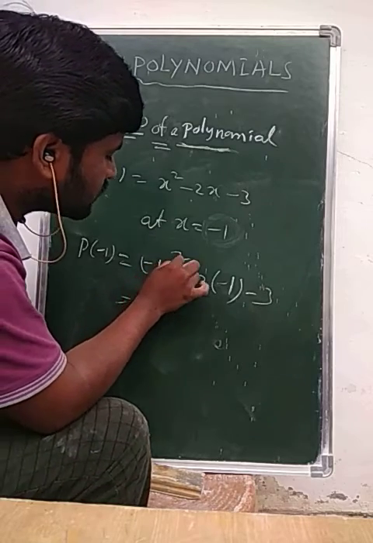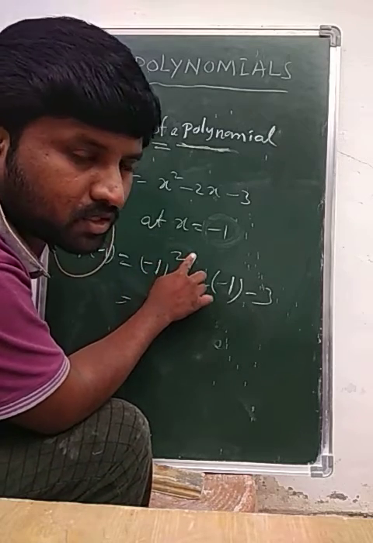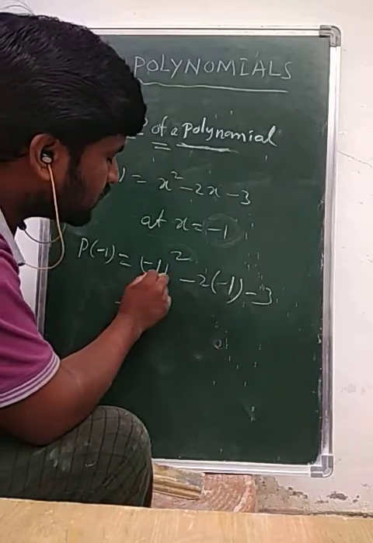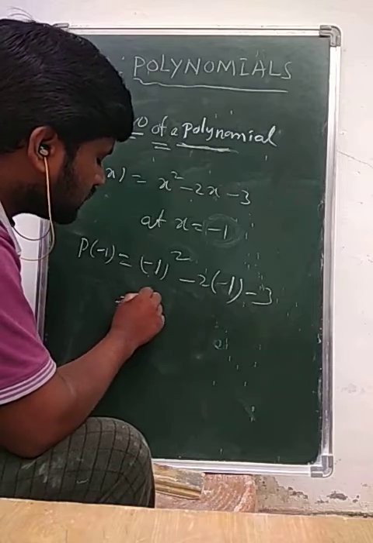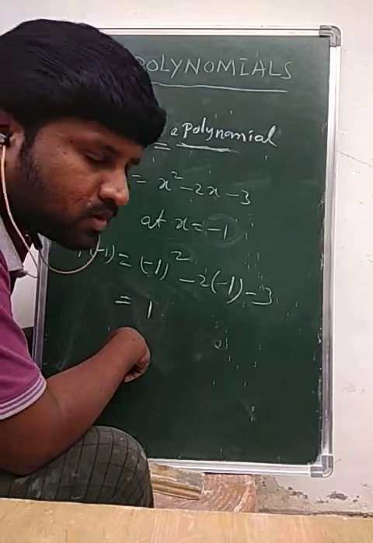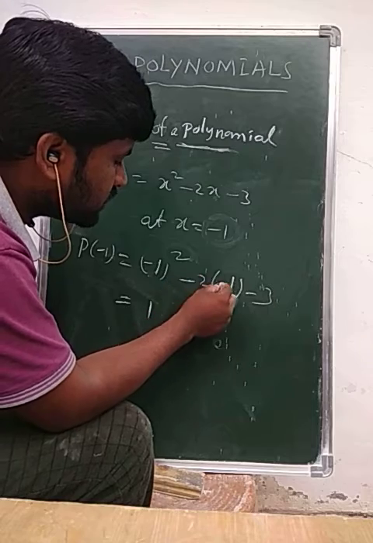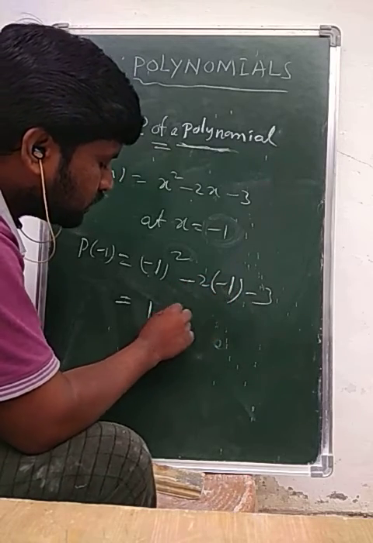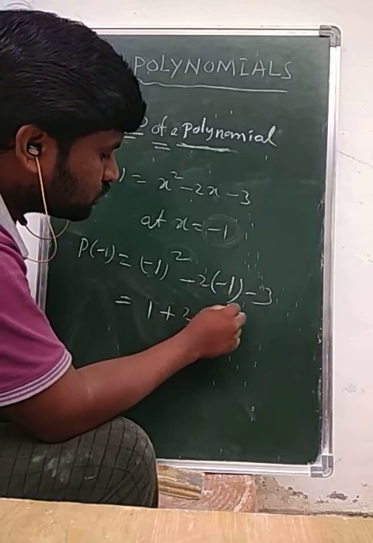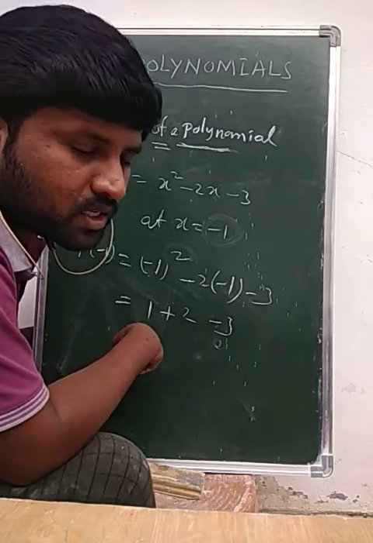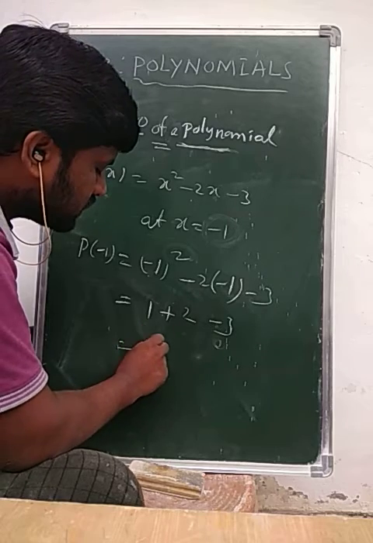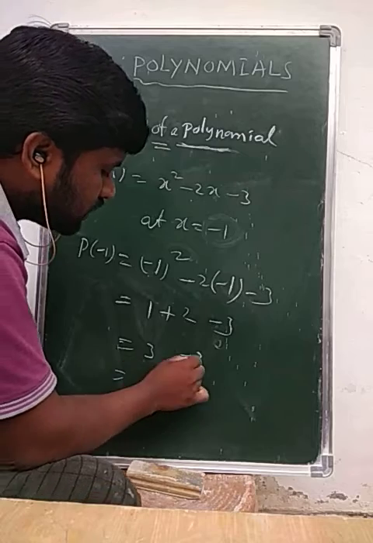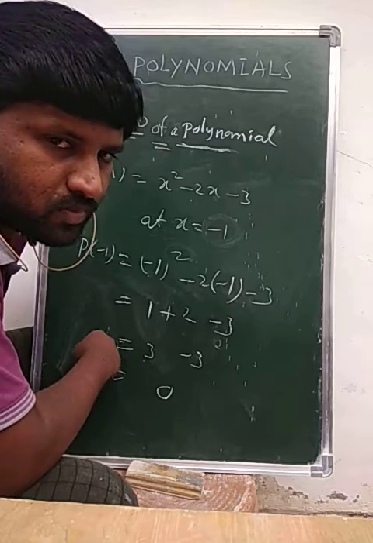Minus 1 whole square, the power is an even number, so even though it is negative we will get positive only: 1. Minus 2 of minus 1, minus of minus is plus, so 2 ones are 2, and here minus 3. 1 plus 2 is 3, minus 3. Now 3 minus 3 is equal to 0.